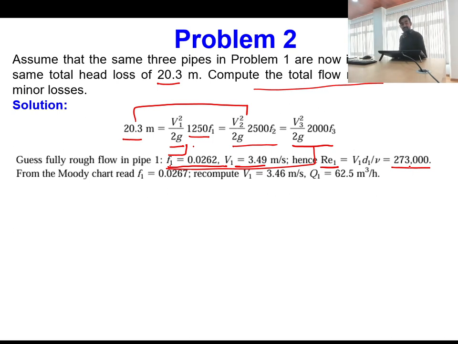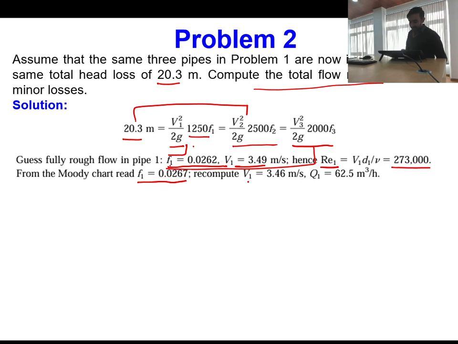Once you have the Reynolds number and the relative roughness both, you can once again calculate the new friction factor, which is now a function of both Reynolds number as well as roughness. That comes out to be 0.0267. Is this one clear?